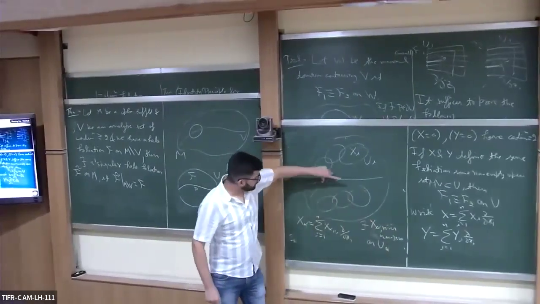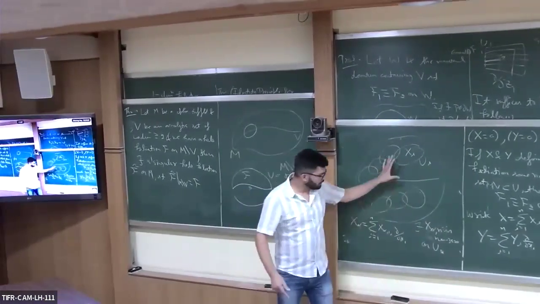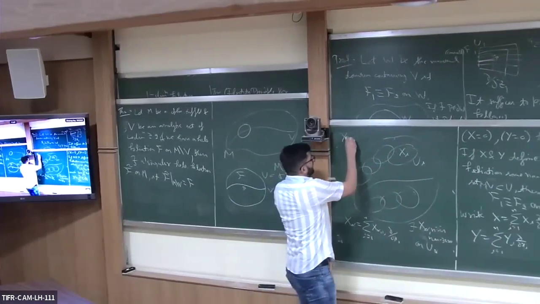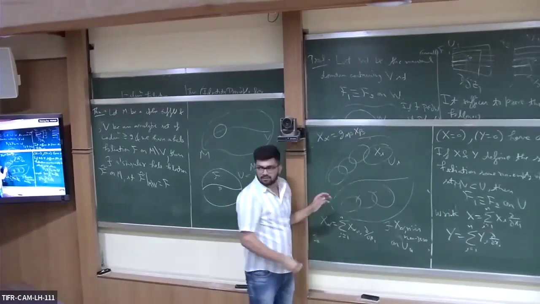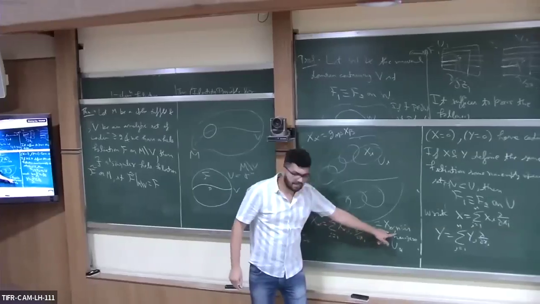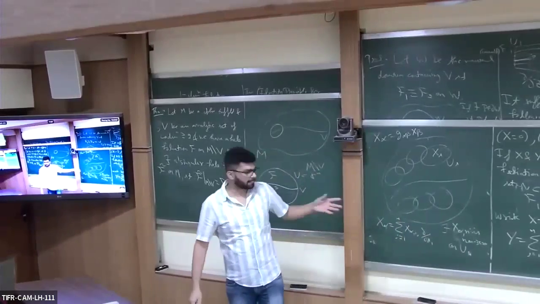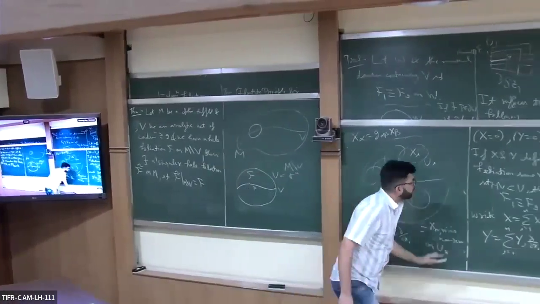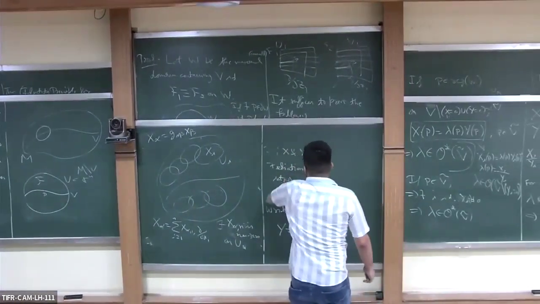Since P is of codimension 2, U minus P is a connected set, and on the intersection these vector fields are related by this. I can assume that there is one component X alpha n which is a non-zero function for each alpha. Basically, this is what we use to get the vector field.